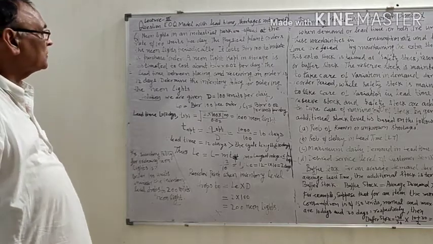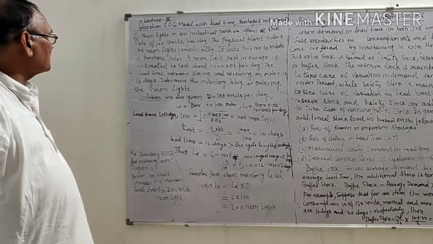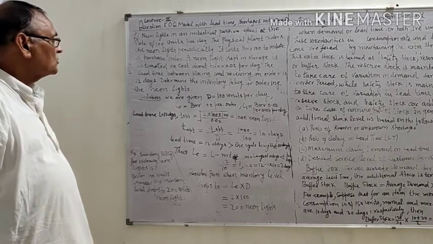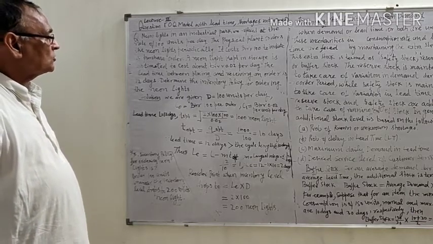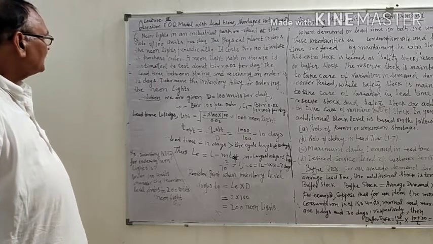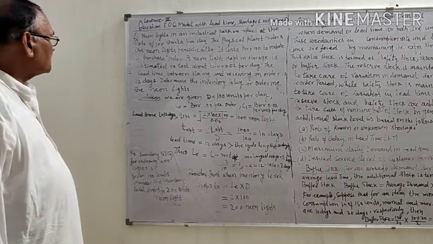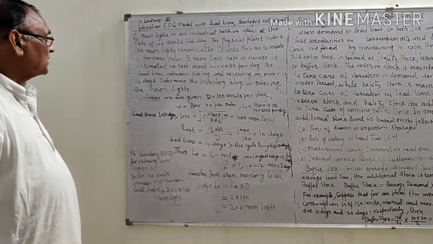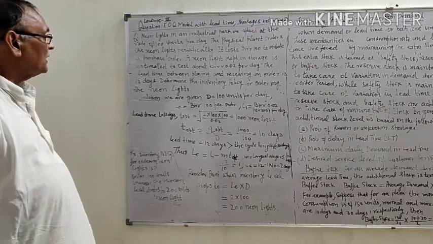C0 is 100. A neon light kept in storage is estimated to cost about 0.02 per day. The lead time between placing and receiving an order is 12 days. Determine the inventory policy for ordering the neon lights.